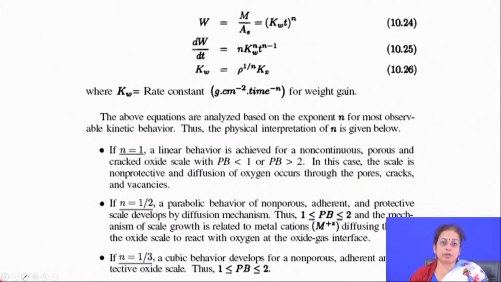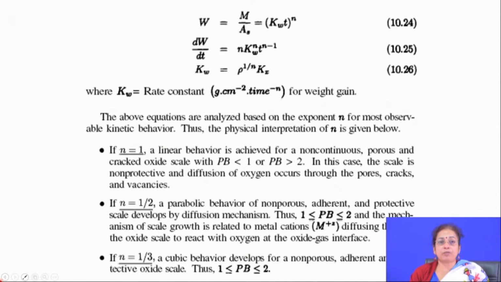If the diffusivity of the metal ion through the scale is faster than that of the oxygen ion through the oxide scale, you will find that the scale is forming at the surface. On the other hand, if the diffusivity of the oxygen ion is much higher than that of the metal ion, you will find that the film is forming at the interface between the oxide and the metal.